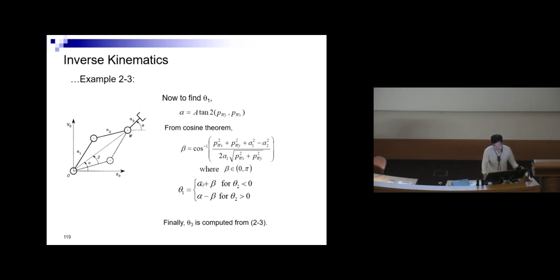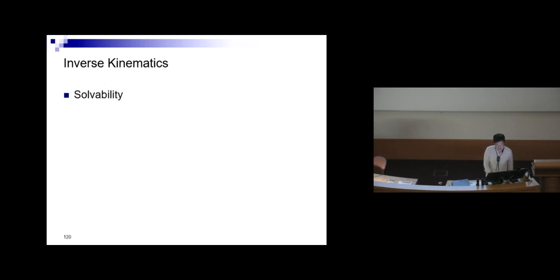So theta 1 is actually alpha plus beta or alpha minus beta, so you can compute from here. Then theta 3 will be computed from the linear equation, which is phi minus theta 1 and theta 2. So there is more than one approach of doing it, by looking at the problem.